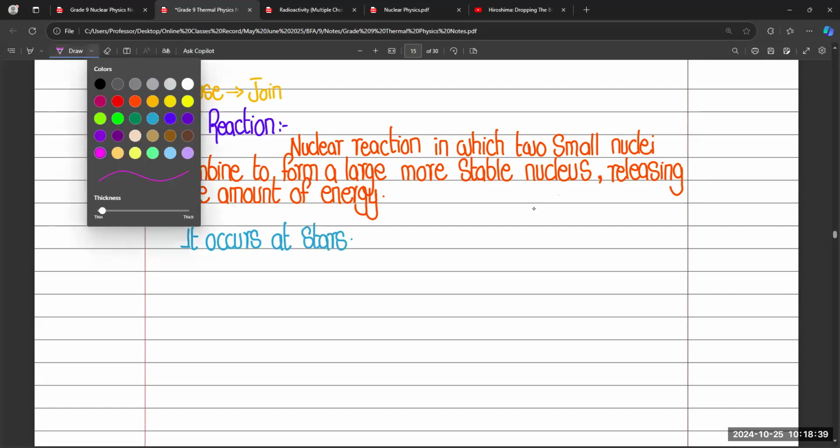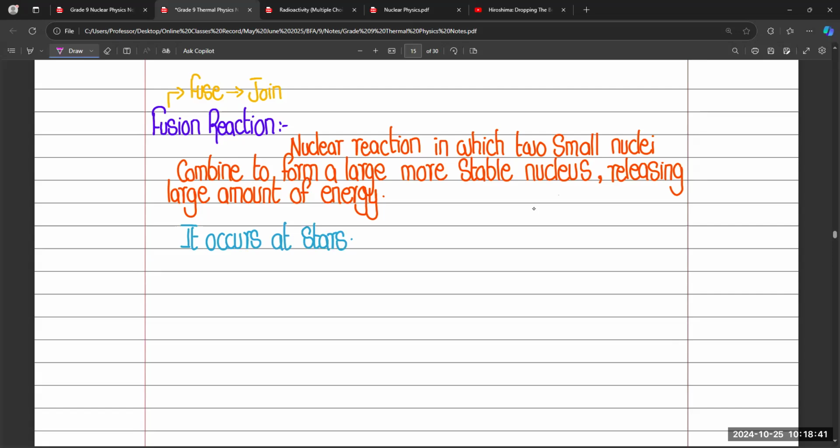And there is a very simple equation for this fusion reaction. For example, we are taking the example of stars. In stars, two isotopes of hydrogen combine, because they are gases. So this is one isotope of hydrogen plus the second isotope of hydrogen. You can see the number of protons is the same, but the number of neutrons is different.